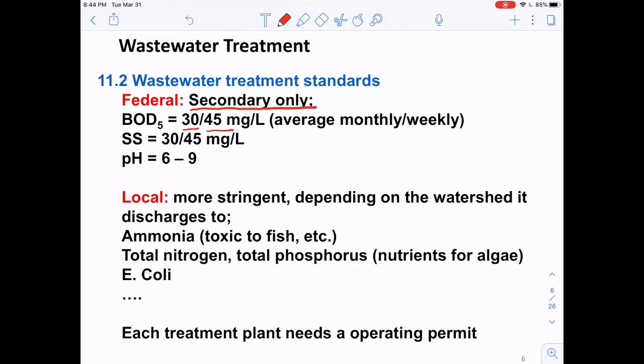You may wonder why we have different standards for the weekly and monthly requirements. This actually considers the fluctuations in the emission of BOD, these oxygen-demanding materials. For example, if we plot the emitted BOD as a function of time, there can be really low concentrations and also high concentrations, right?